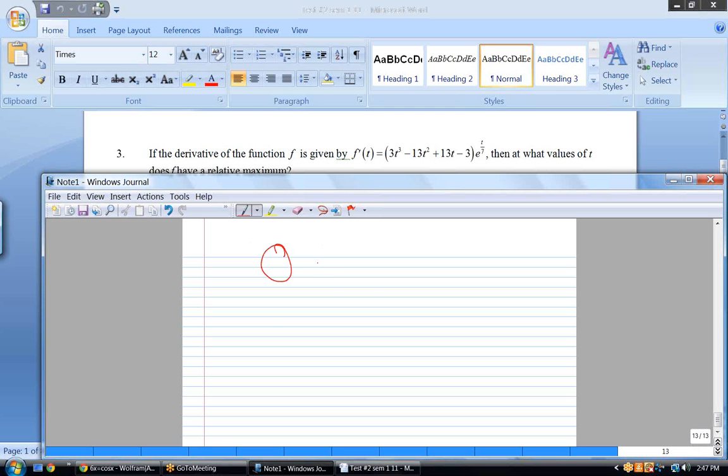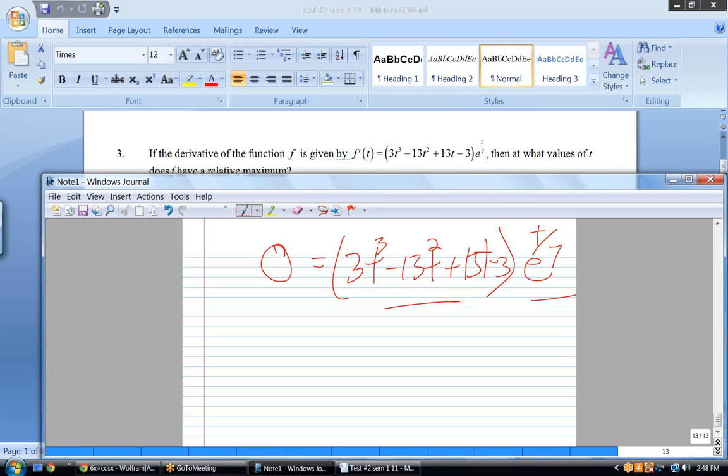So 0 equals... well, the only way 0 can be equal to the product of two things is if those things are equal to 0. So we're going to set this equal to 0, and we're going to set that equal to 0.